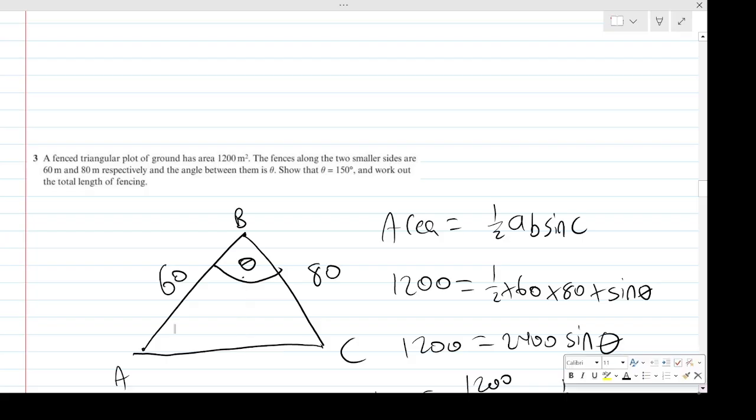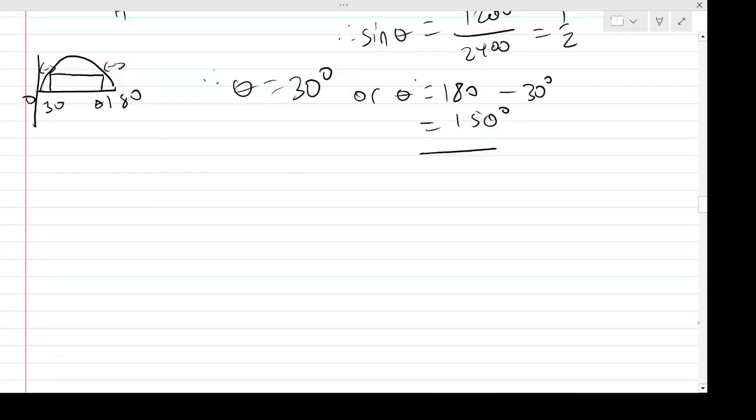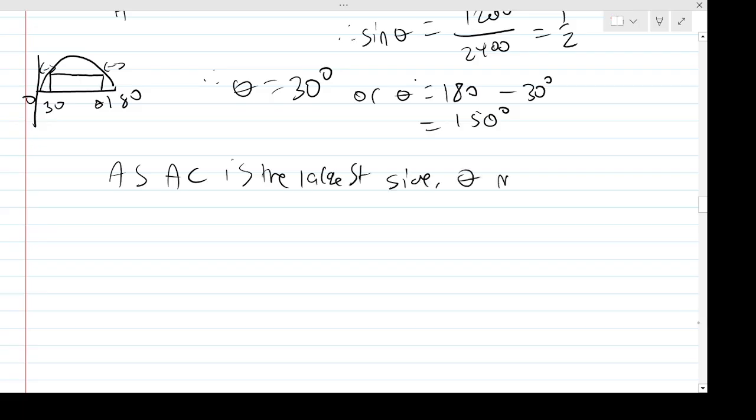Which means we need to take the larger value of theta. So as AC is the largest side, theta must be the largest angle as well, as it's opposite it.